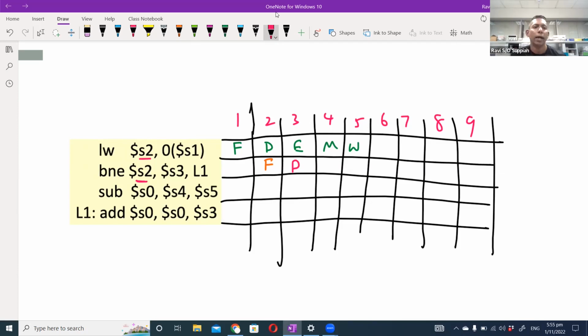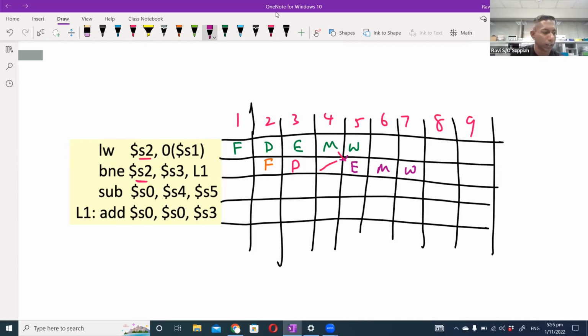Once I do a stall, then I can do forwarding. We can do forwarding here. And I can do the execute stage here, followed by the memory and write back.